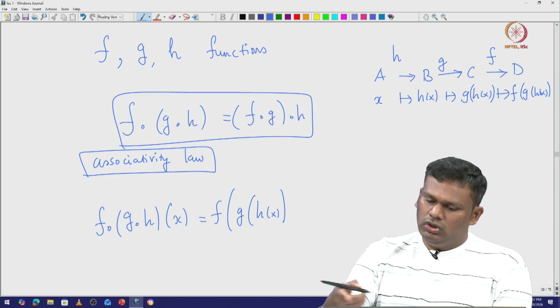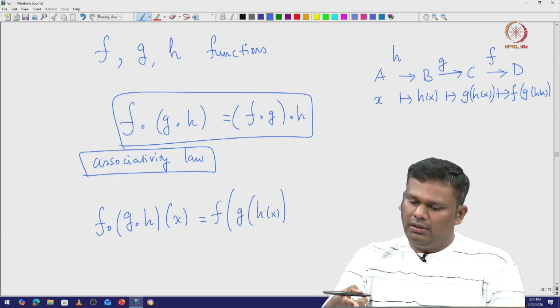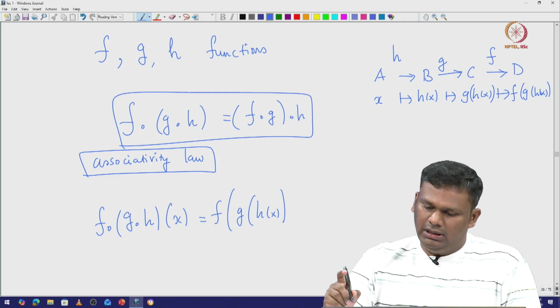So the codomain of h should be the domain of g in order to make g composition h make sense.